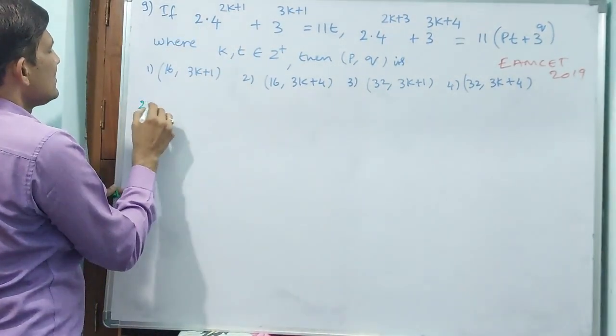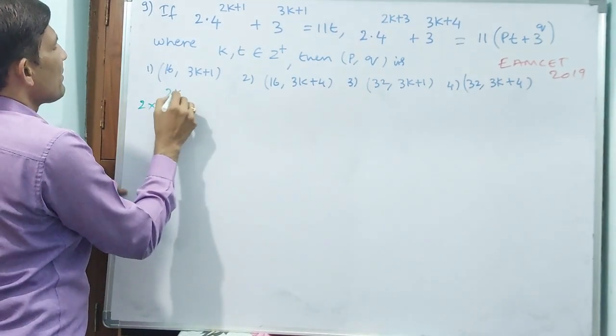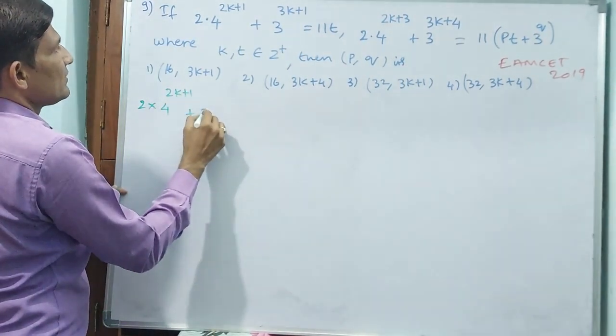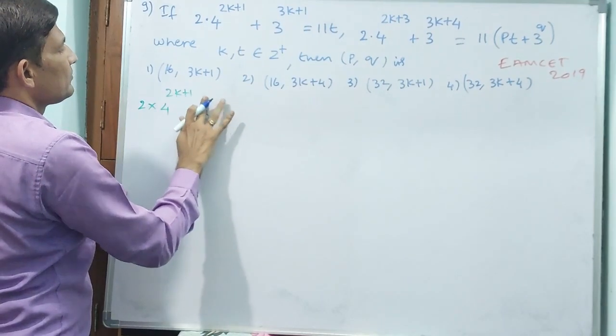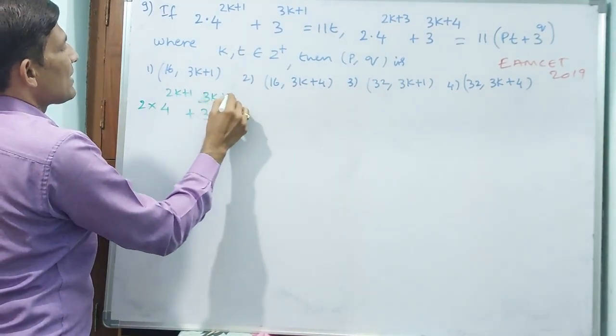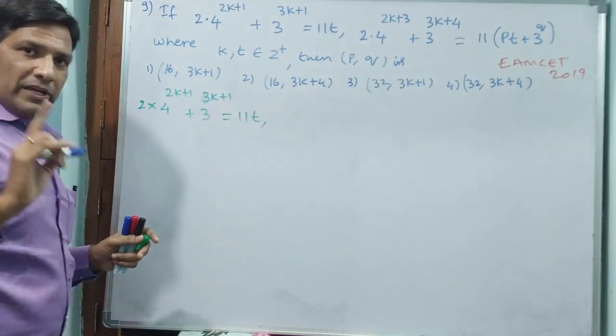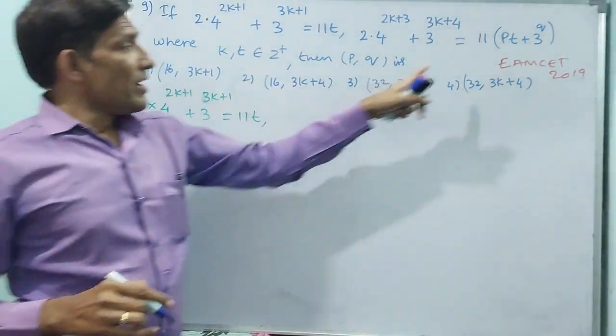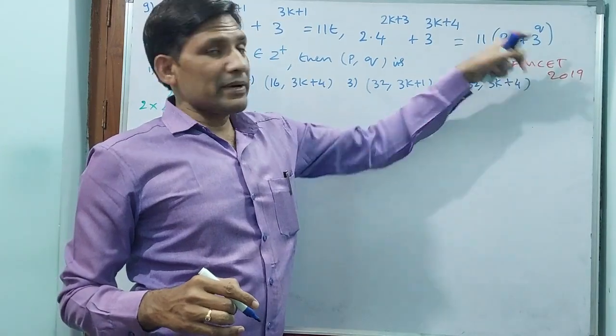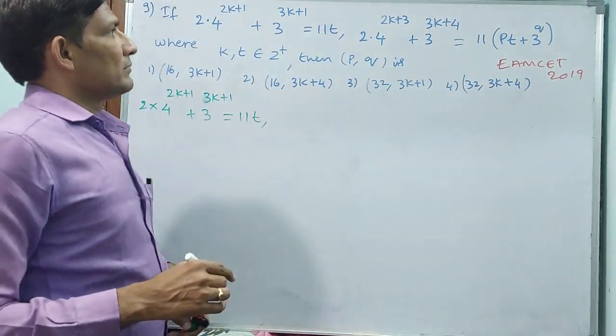2 into 4 power 2k plus 1 plus 3 power 3k plus 1 is equal to 11t. Now in the final answer, 11 something plus 3 power q has to come.